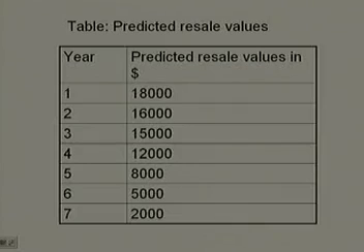Year 3, if you are selling, you will get $15,000. Year 4, you will get $12,000. Year 5, you will be able to sell it at $8,000. Year 6, you will be able to sell it for $5,000, and year 7, if you want to sell, you will be able to sell it at $2,000.